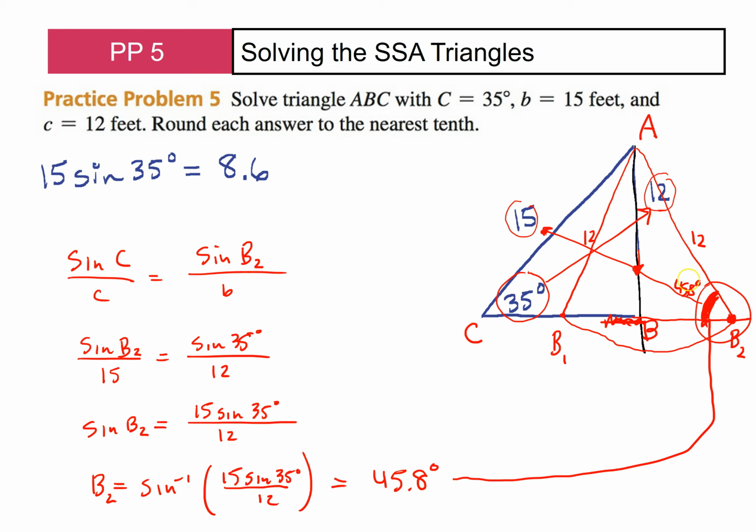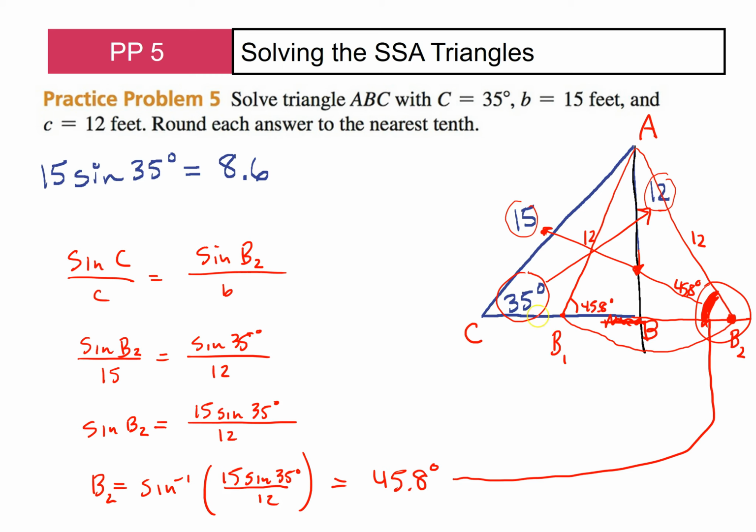This is an isosceles triangle if you think about it, because this is 12 coming down and this is 12 coming down. So if this is 45.8 degrees, then this angle inside here is also 45.8 degrees. Let's label that.